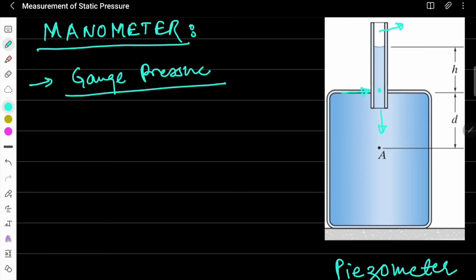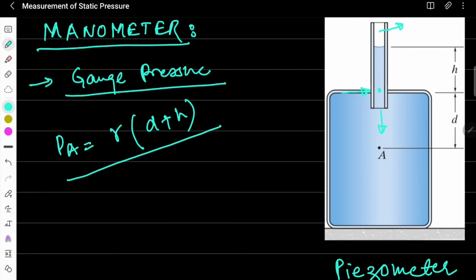So, in order to get the pressure at point A, we can use the equation PA is equal to gamma, which is the specific weight of the liquid filled inside, times the height of the fluid column above this point, which is D plus H. So we can exactly find out the pressure at point A just by noting down the rise we have witnessed in the inserted test tube.